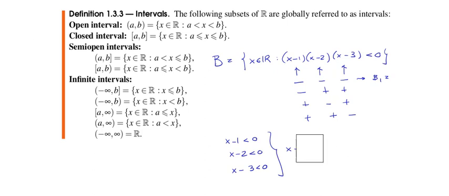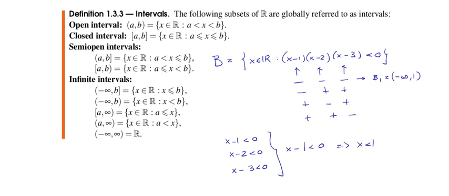It's not x minus 3, it's x minus 1, because the only condition that fulfills the three inequalities is that x is smaller than 1. If x is smaller than 1, then all three will be true, but not the other way around. So B1 is the open interval from minus infinity to 1. All these numbers make the product negative.